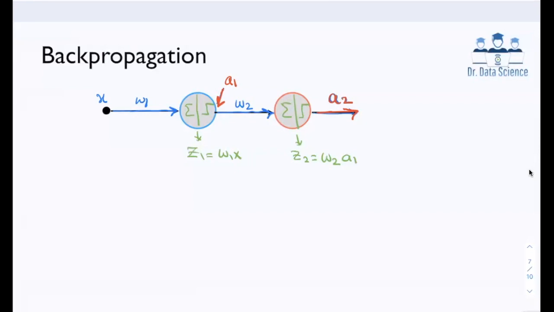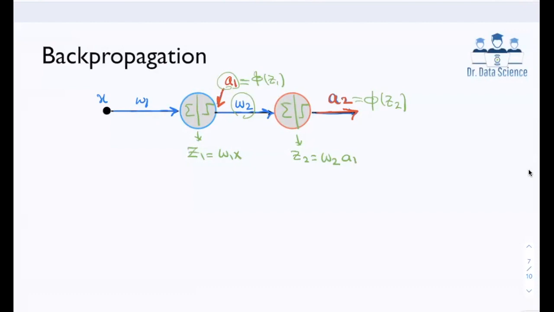So we multiply A1 by W2, and that gives us Z2. Then we know that A2 equals phi of Z2, and A1 is phi of Z1. I tried to make this as simple as possible. We have two weights, W1 and W2, and these outputs A1 and A2, and the rest is basically simple linear equations.